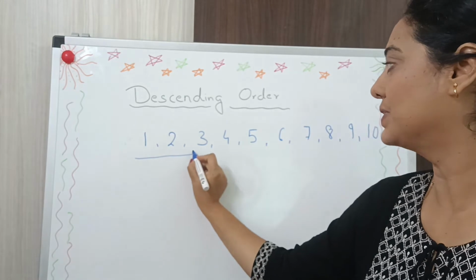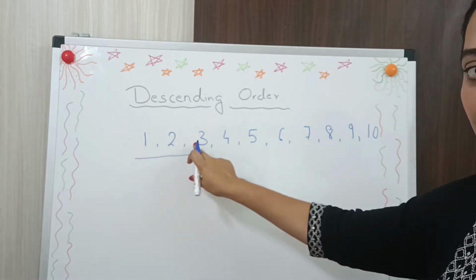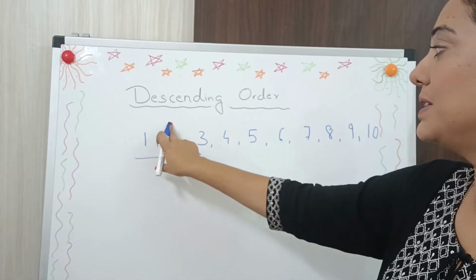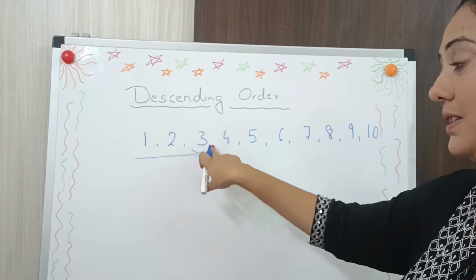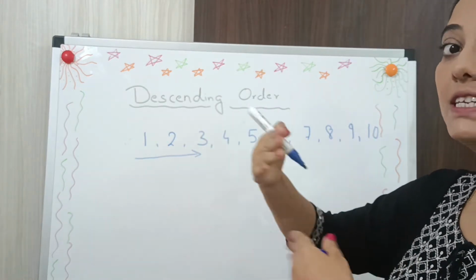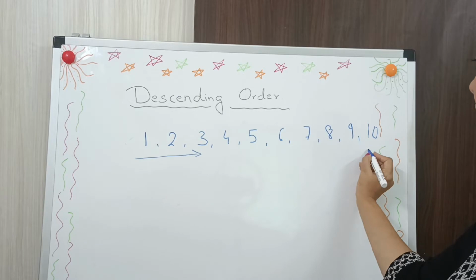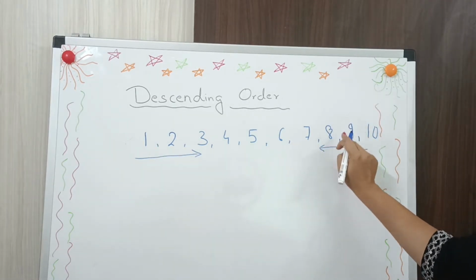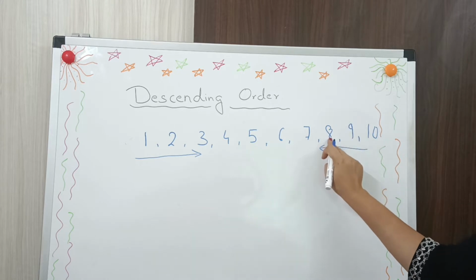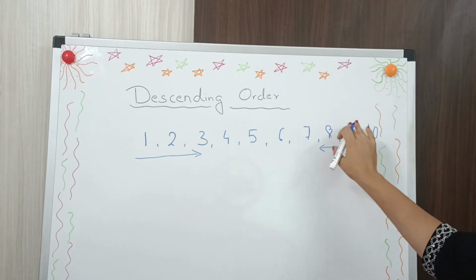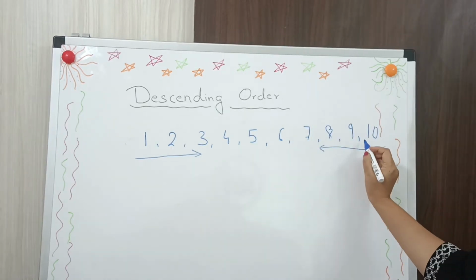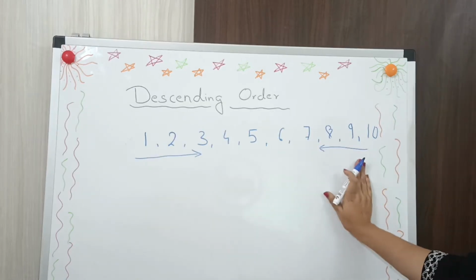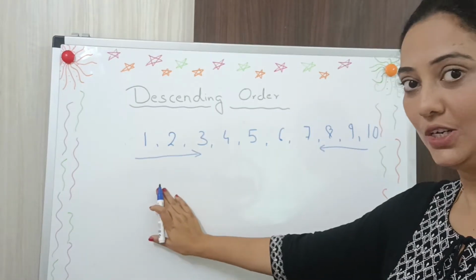When we are going this way, it's called increasing, right? 1 plus 1 is 2, 2 plus 1 is 3, which means it's adding. 1 is added each time. And when we are going this way, it's decreasing. 10 minus 1 is 9. 9 minus 1 is 8. So it's like reducing them. So in descending order, we have to go this way, not this way.